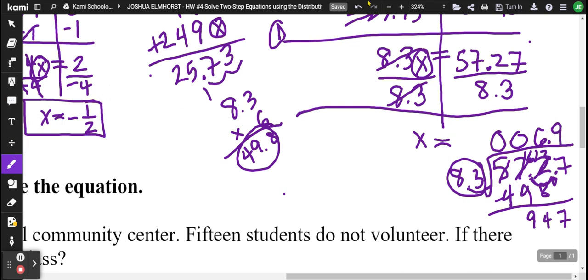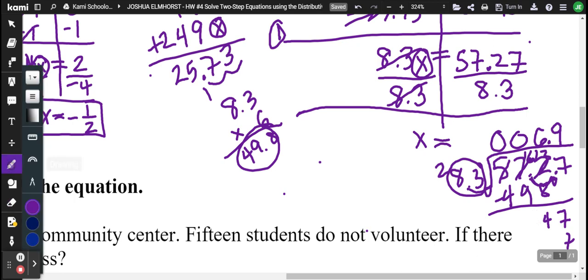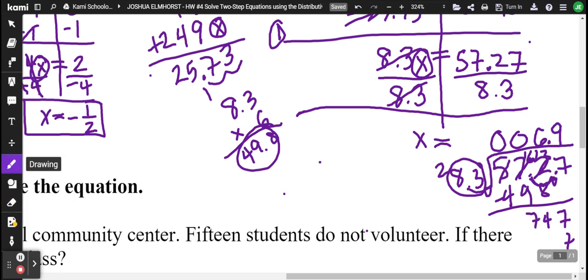So let me double check. 9 times 3 is 27, and 9 times 8 is 72 plus 2. Oh, that's supposed to be a 7. There we go. Okay, and then that's going to give us 74, so that does check out. So x is equal to 6.9.